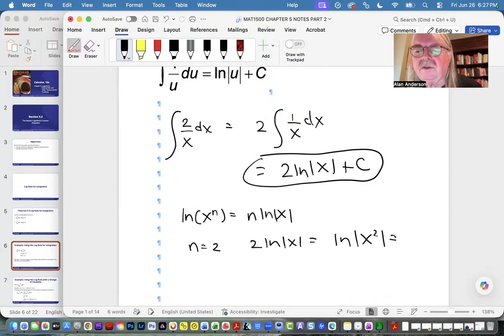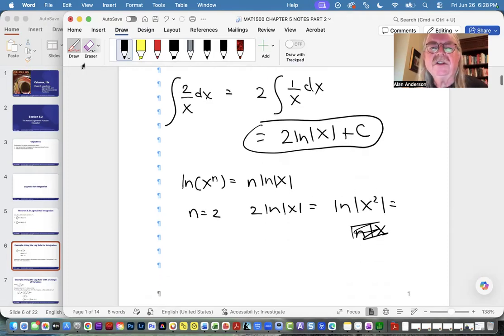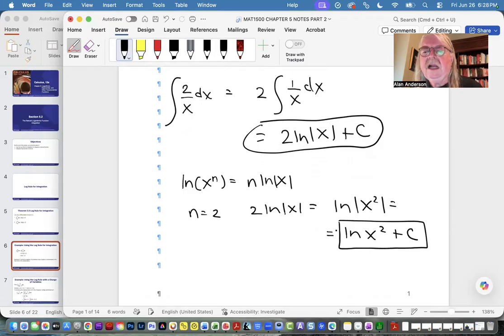But of course, x squared is strictly positive. So therefore, we can just simply rewrite this not with the absolute sign, but just simply x squared plus c, of course. I think they only did that example just so you can see that if the log is taken of a function that cannot be negative, then you don't have to bother with the absolute value signs.